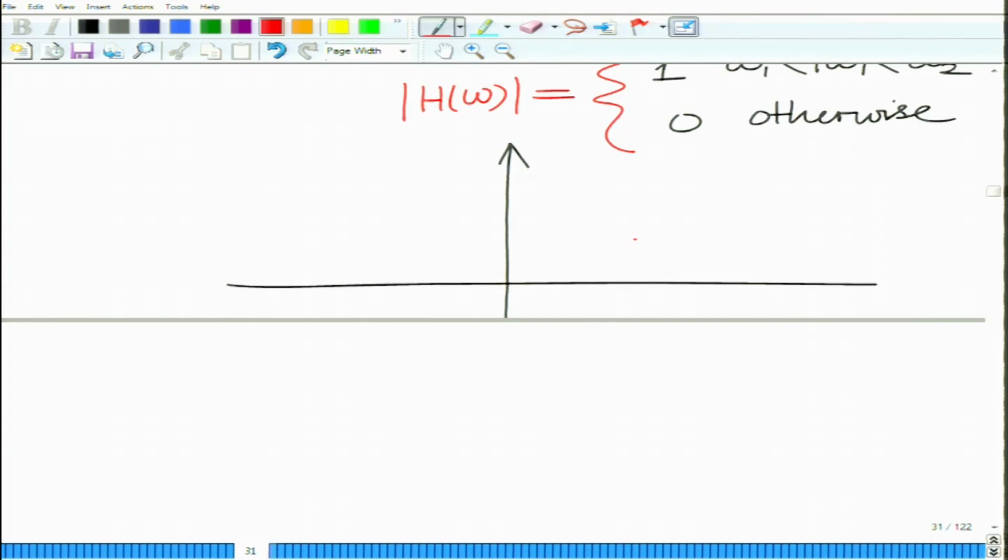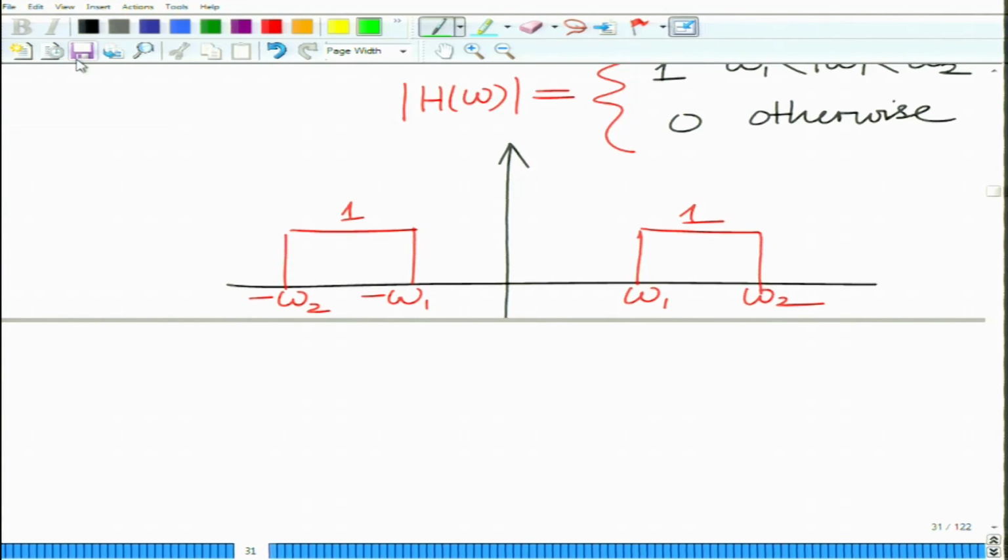So, we have this band, which is either omega 1 to omega 2, where it has a gain of 1, or minus omega 2 to minus omega 1.